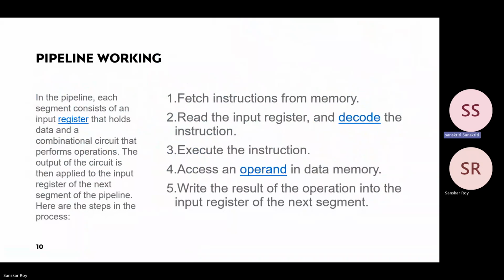Then fifth, the last step, you have to write the result of the operation into the input register of the next segment. So after fetching, decoding, execution, and operand access, the fifth work will again act as the input in the register of the next segment. This is how it works.